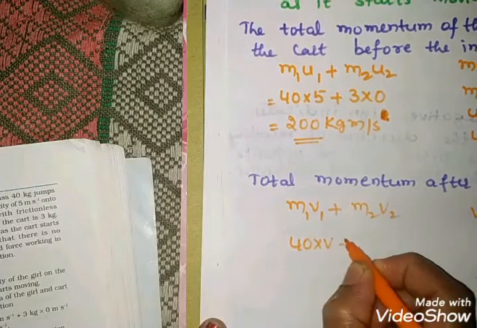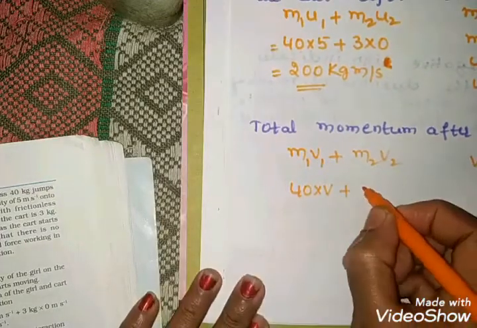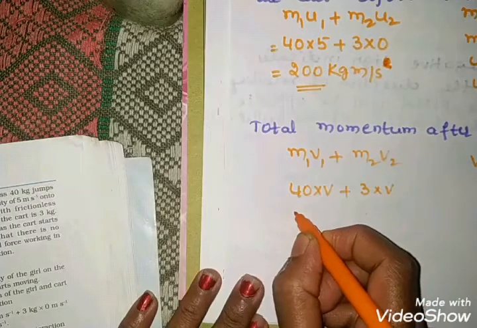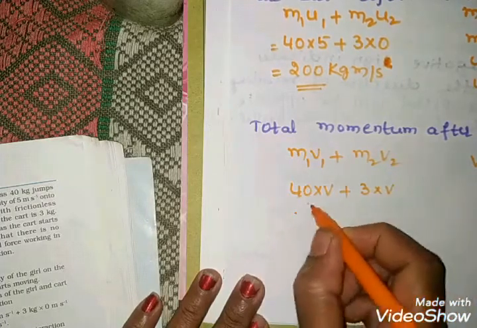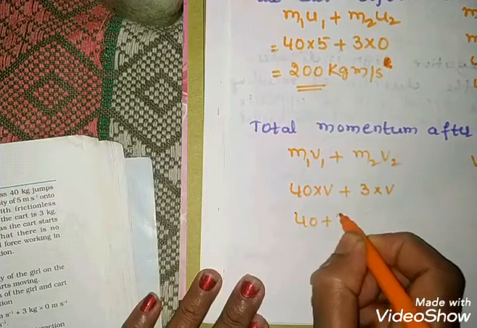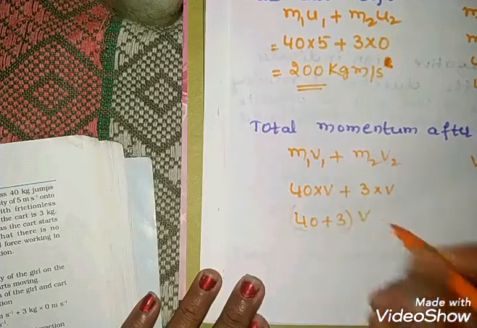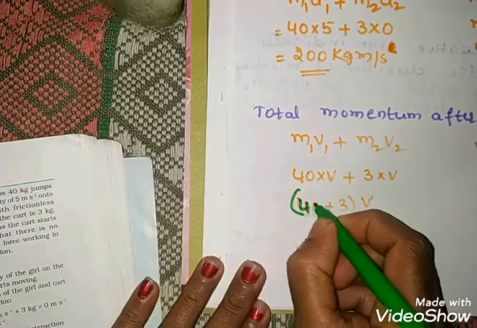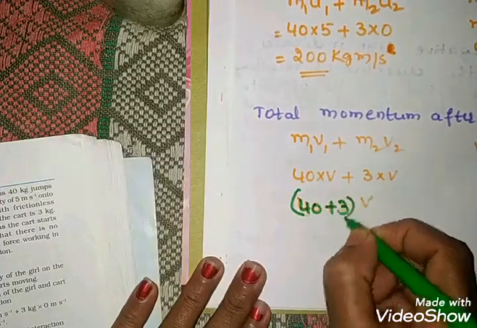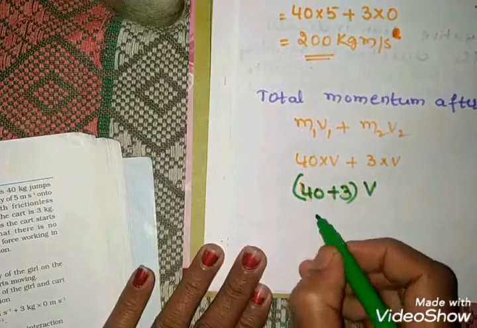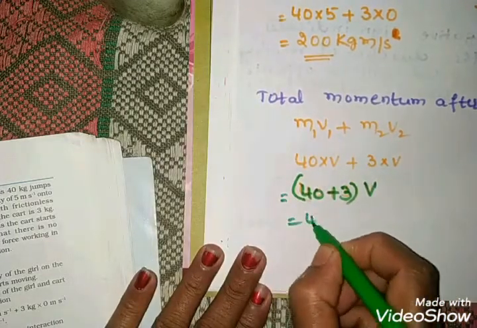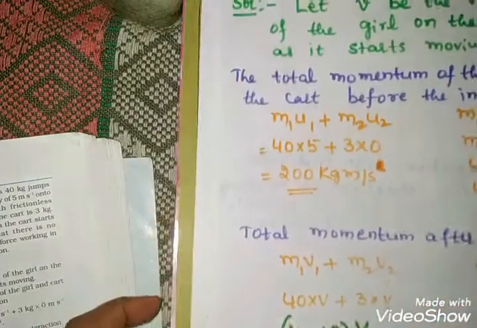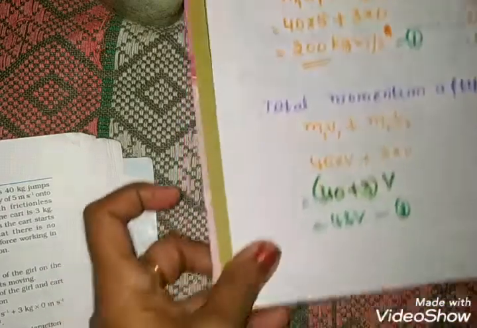This is v. v1 is v. m2 is 3. This also v. So v can be taken outside, children. Both side common. Remains what? 40 plus 3 remains inside. V is common outside. Correct, no? Here you can observe 40 plus 3 into V. So 40 plus 3, 43 V. So this is equation number 2. This will be the equation number 1.